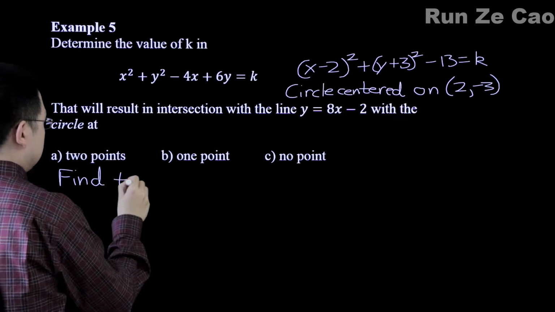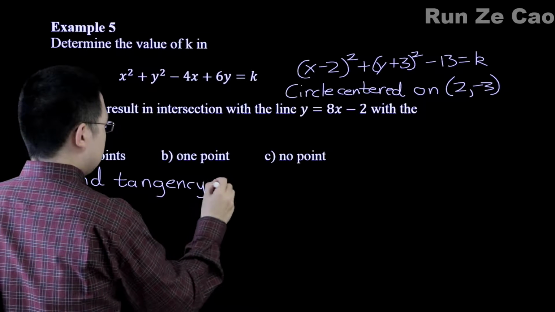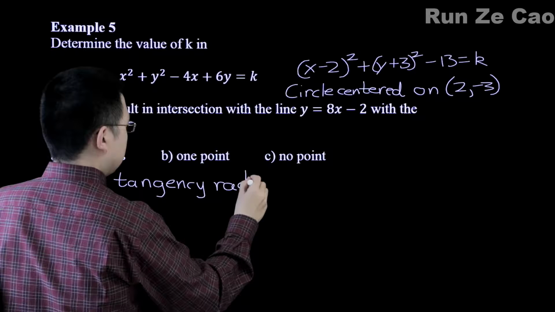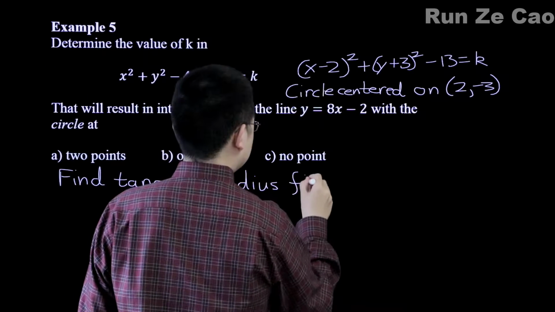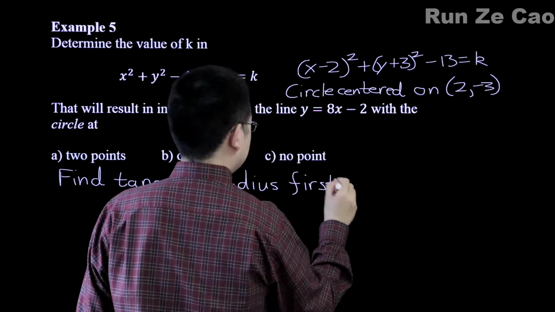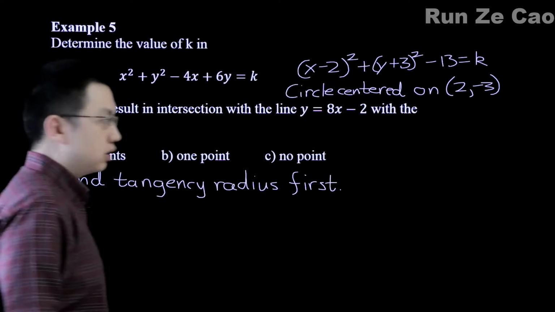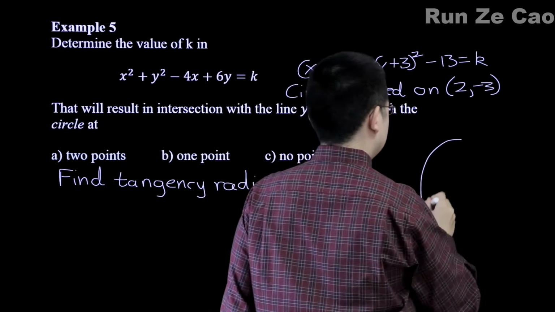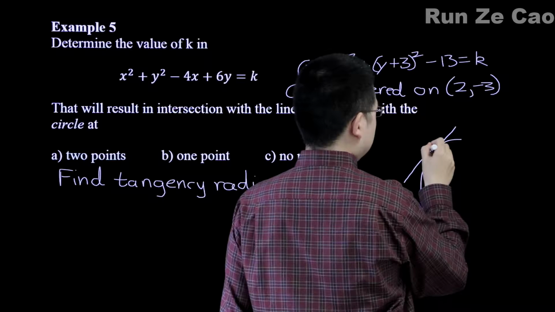So find tangency radius first. First of all, we know that if it's tangent, then it's going to be perpendicular.